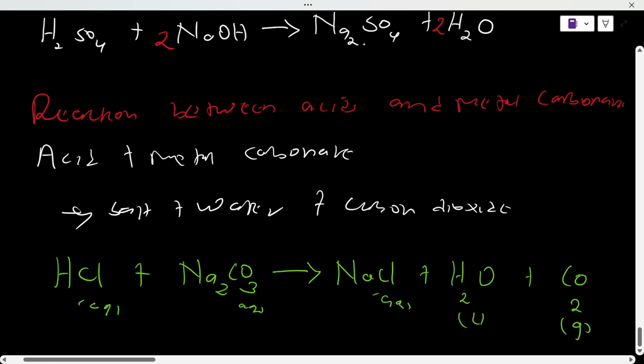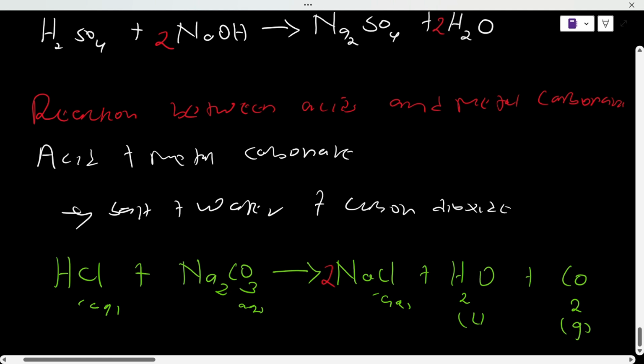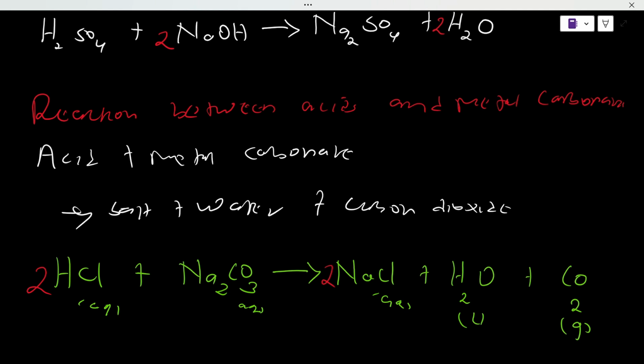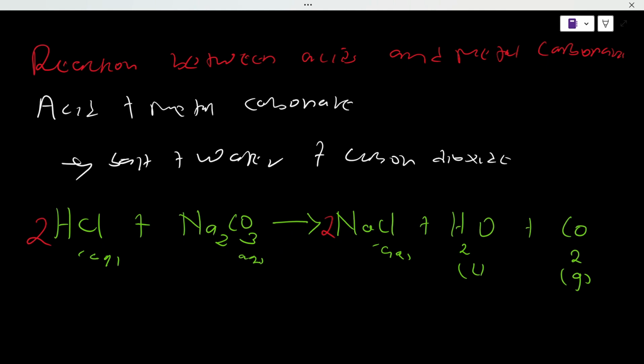How do I balance such? If I want to balance it, I simply put a 2 here and another 2 on the HCl because I'm only interested in balancing the hydrogen, sodium, and chlorine.